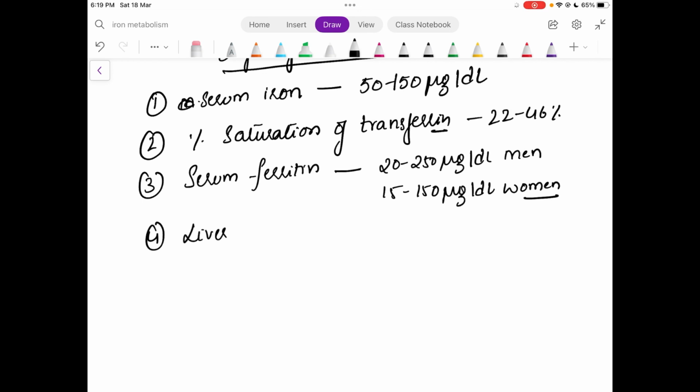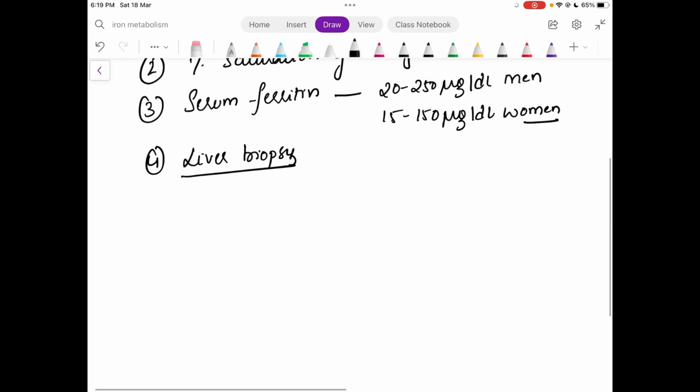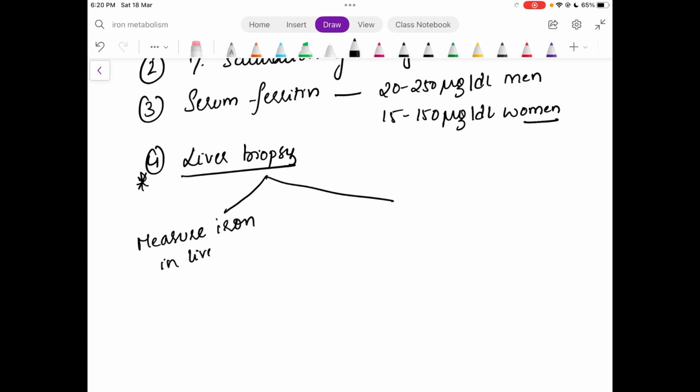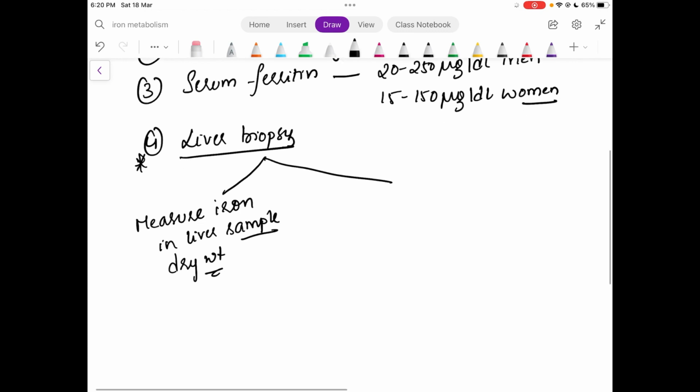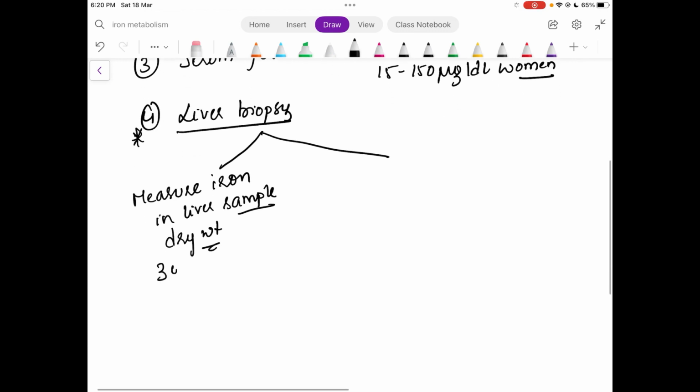Fourth, you have to do a liver biopsy. The liver biopsy is very important. Why? You can measure iron in the liver sample, and that iron is measured as dry weight, and it should be in the range of 300 to 1400 micrograms per gram dry weight of liver.